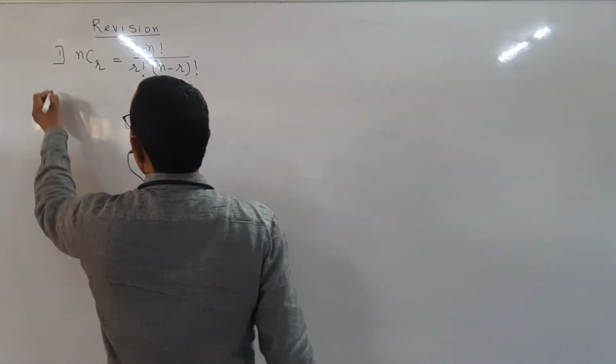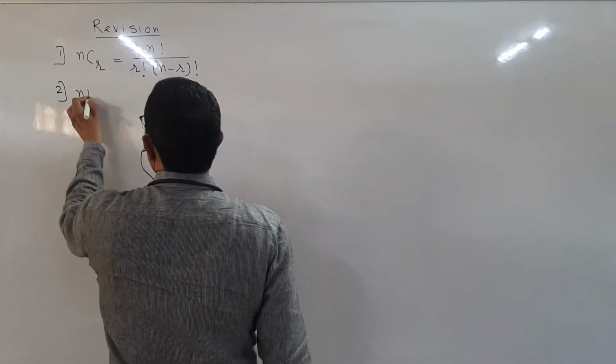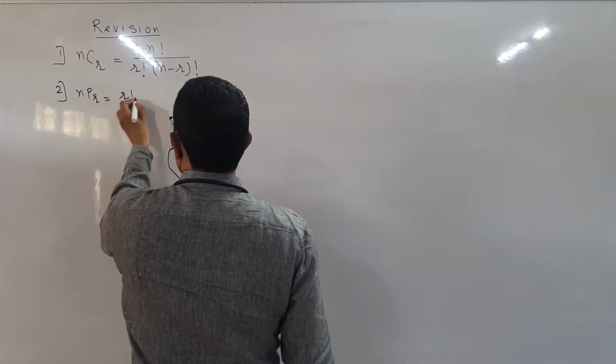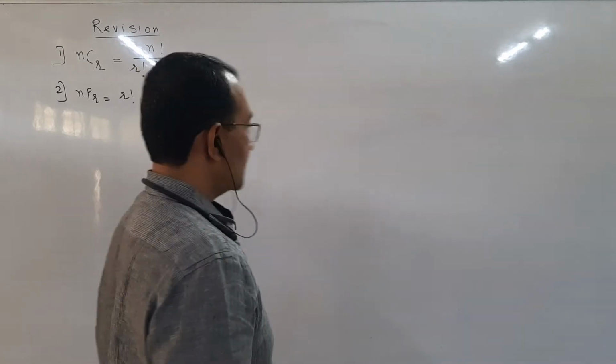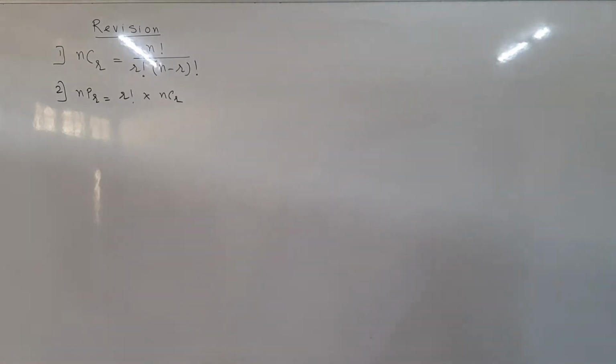This we have already studied. nPr is equal to r factorial into nCr. If I multiply nCr by r factorial, then students, I get nPr.